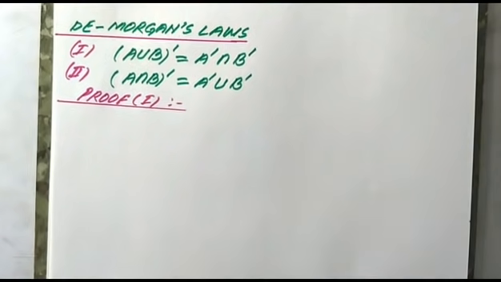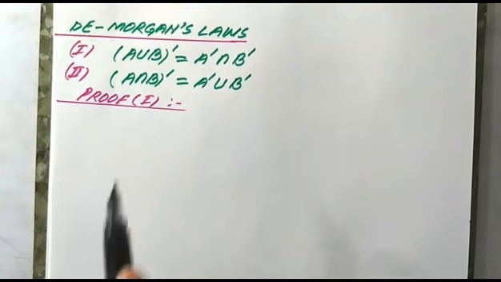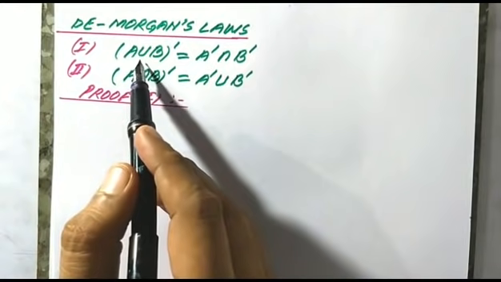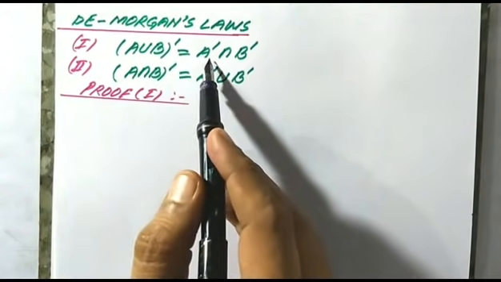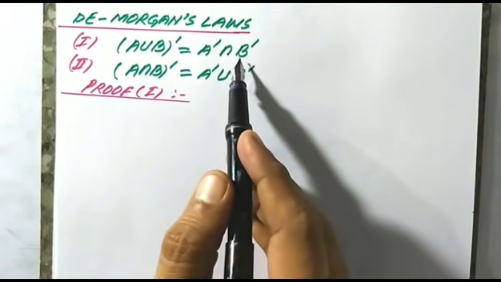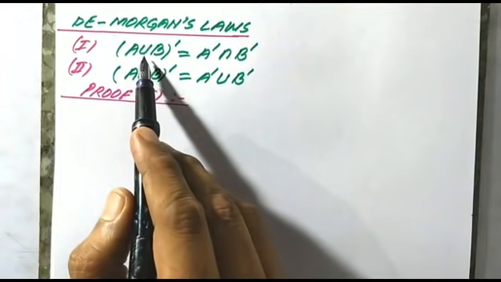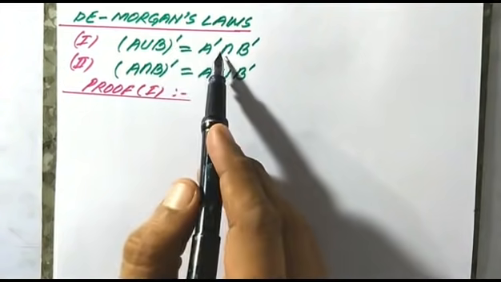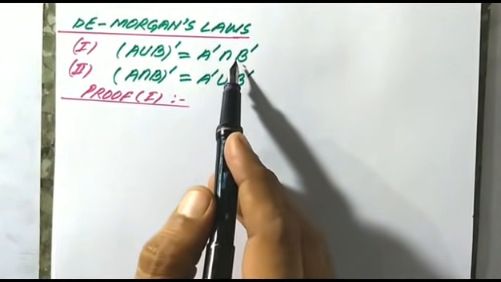Now the next laws to be discussed are De Morgan's laws. The first De Morgan law is A union B complement is equal to A complement intersection B complement. That is, if there is union inside the parenthesis whose complement we have taken, then on the right hand side there should be intersection between their individual complements.